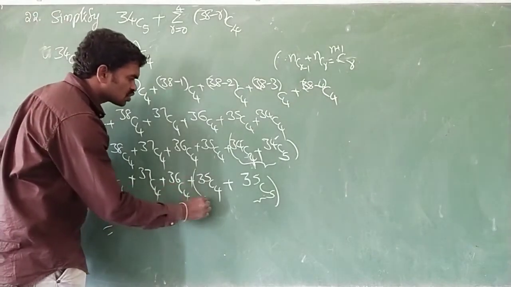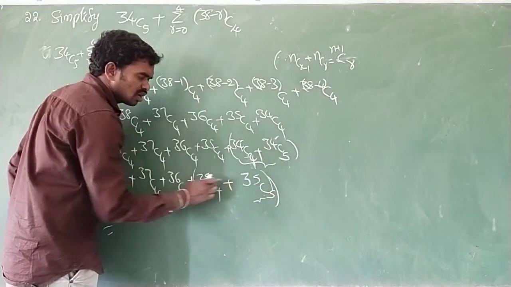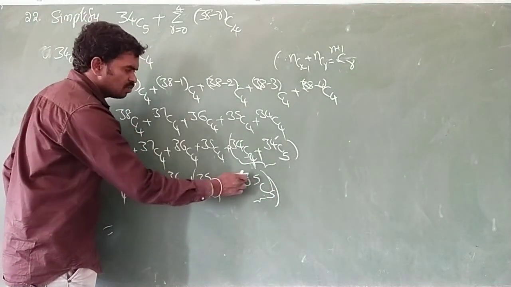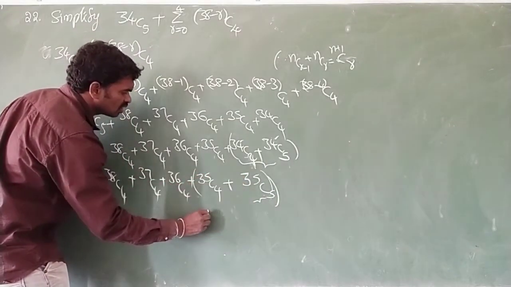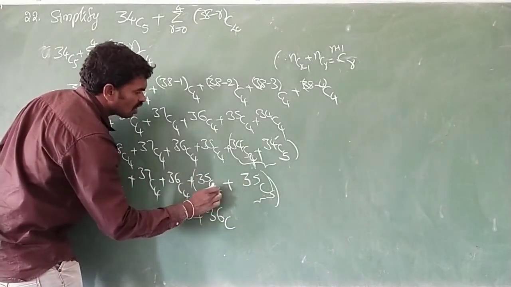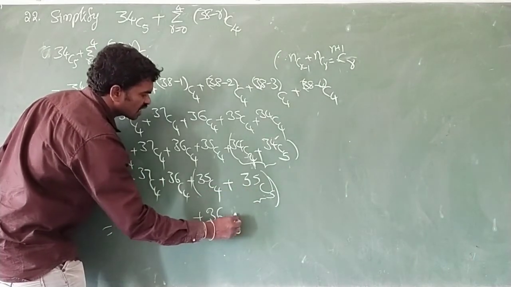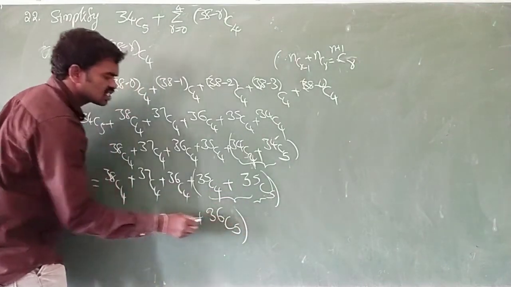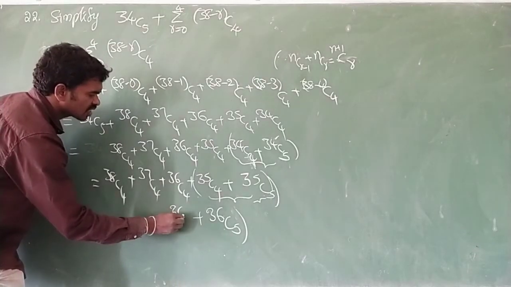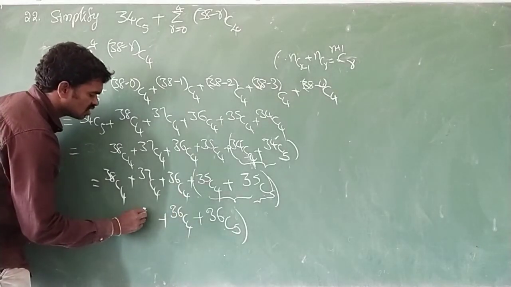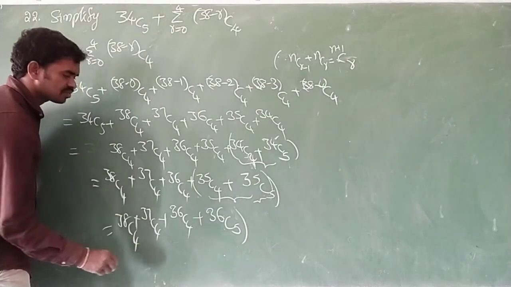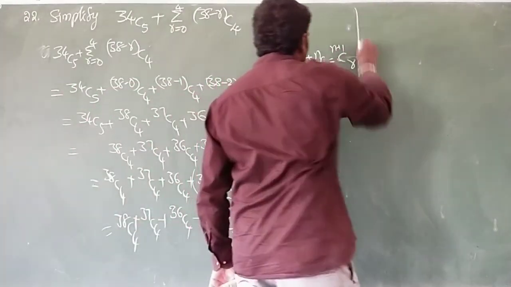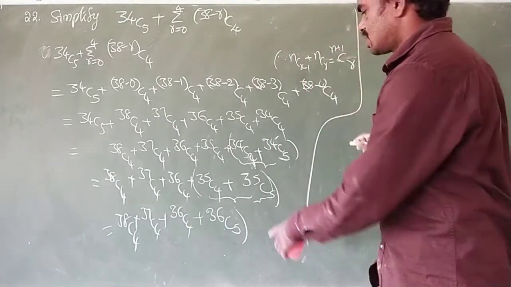Now the same process for these two terms, nCr minus 1, in both n is the same. 35 plus 1 becomes 36, and r minus 1 gives r, so 5 we can take. So from these two we write 36C5, then 36C4, 37C4, 38C4.